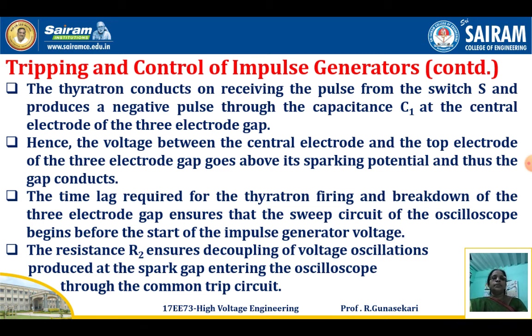The voltage between the central electrode and the top electrode of the 3 electrode gap goes above its sparking potential and thus the gap conducts. The thyratron conducts on receiving the pulse from the switch S and produces a negative pulse through the capacitance C1 at the central electrode of the 3 electrode gap.